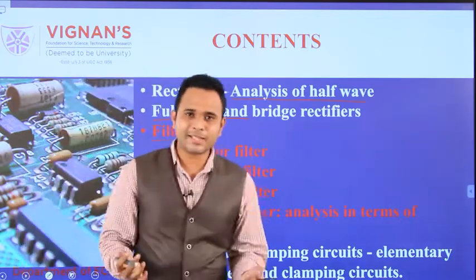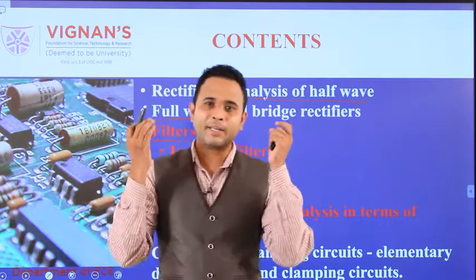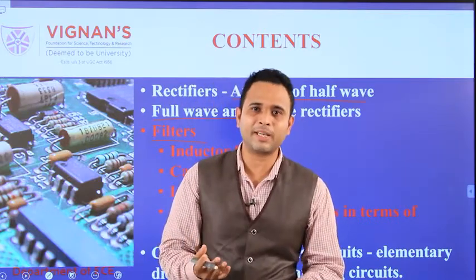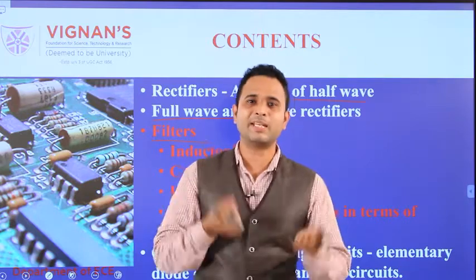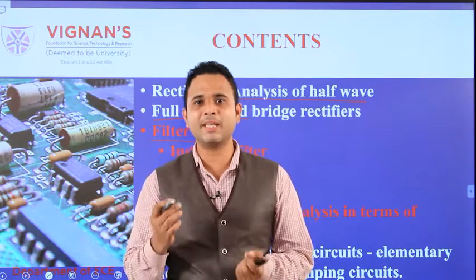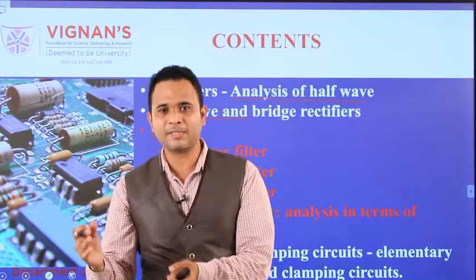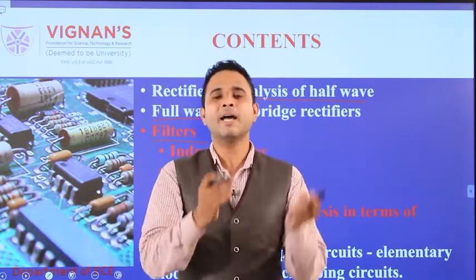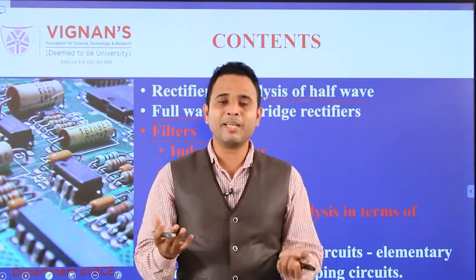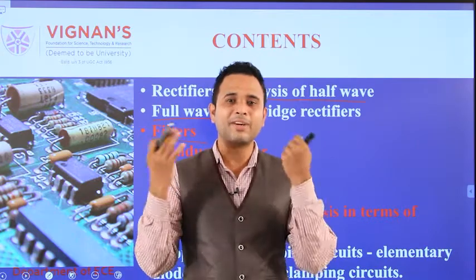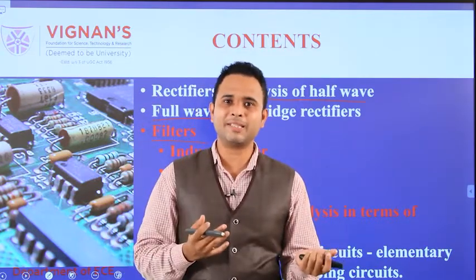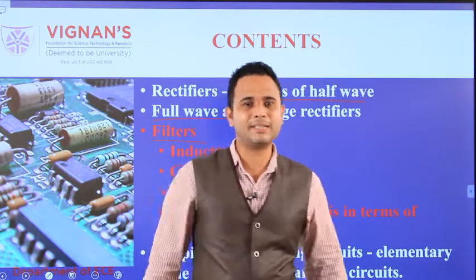Last class we discussed the different types of rectifiers. What is the use of the rectifier? The output of the rectifier gives only positive pulses. For the half wave rectifier we get alternate positive pulses. For the full wave rectifier we get continuous positive pulses only. But our main motto is to convert our available AC source into a constant DC source.